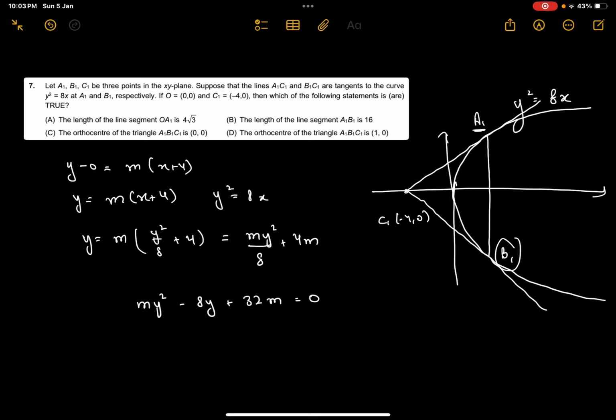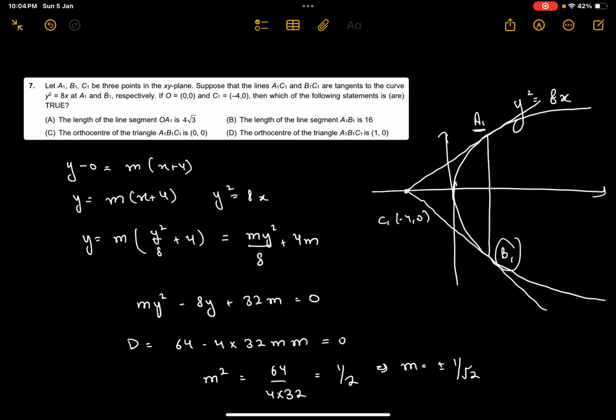So for this to have only one solution, we need that D equals 0, which is b square, that is minus 8 square, 64, minus 4ac. C is 32m, a is m, which gives us m square equals 64 upon 4 into 32, half. That gives us m equals plus minus 1 by root 2.